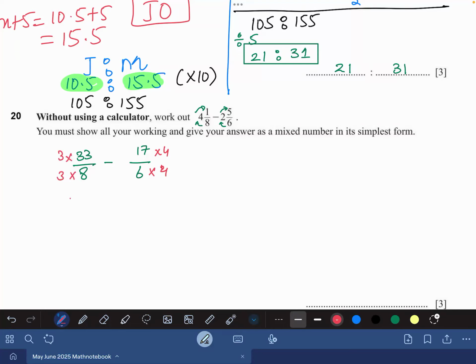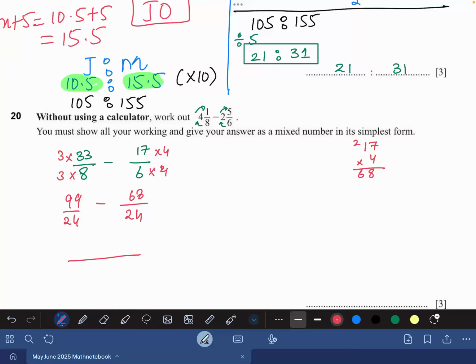So 3 times 33 is 99, and 8 times 3 is 24. 17 times 4 is a bit difficult, and 6 fours are 24. So do 17 times 4 in the rough working. 7 times 4 is 28, 4 ones are 4, plus 2 is 68 is the answer.